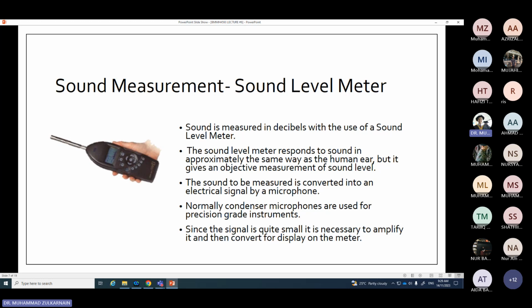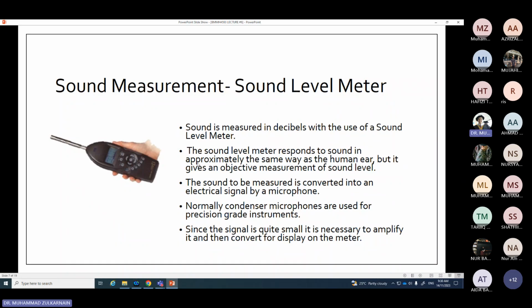So if we relate to human comfort, the equipment should be able to measure the condition of normal human hearing, at a certain level of frequency and a certain level of sound pressure.